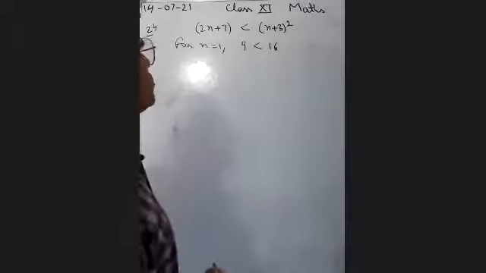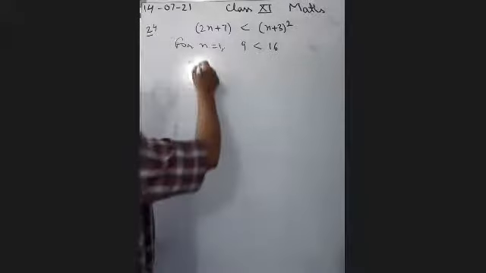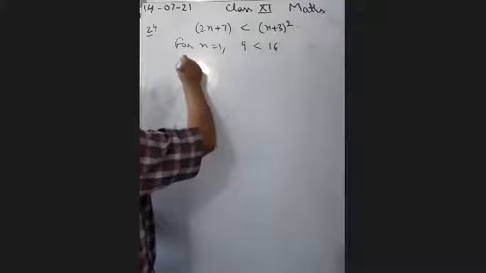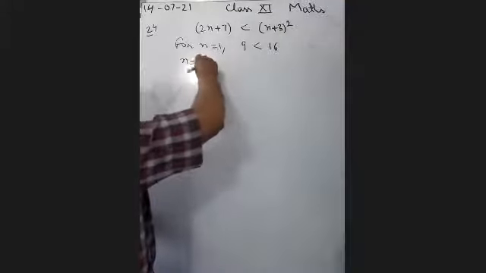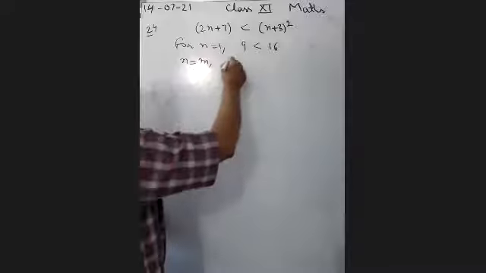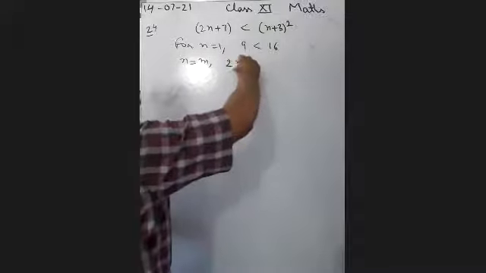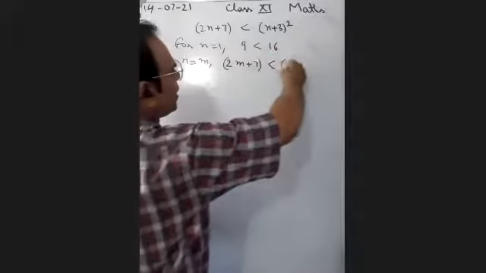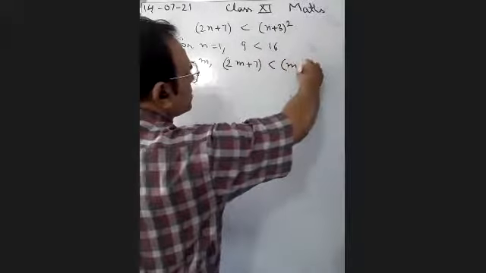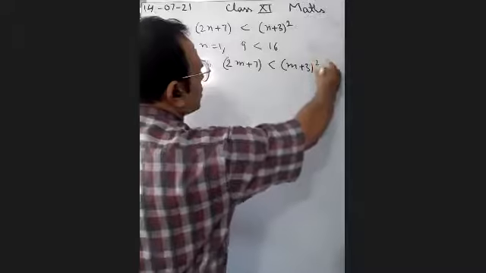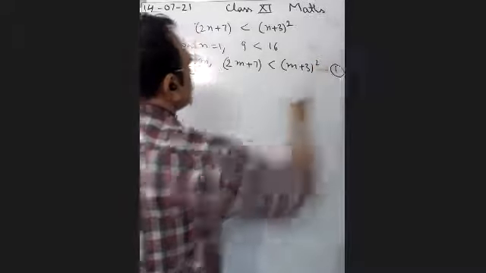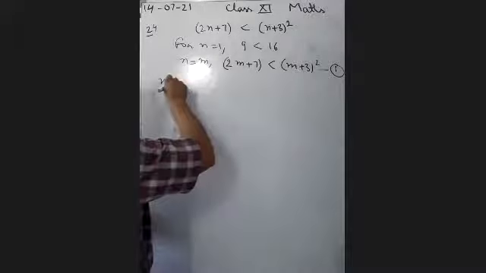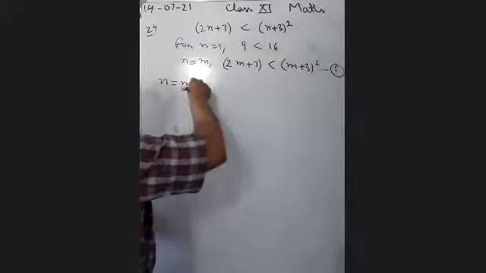Now let us suppose it is true for n equal to m. For n equal to m we are accepting it is true, that is 2m plus 7 is less than m plus 3 whole square. This is equation 1. By using this equation, we will prove for n equal to m plus 1.